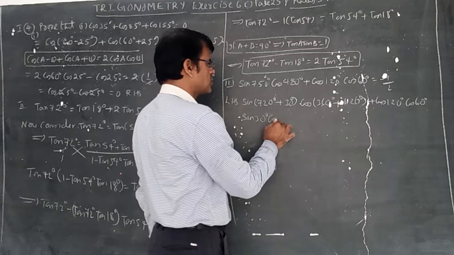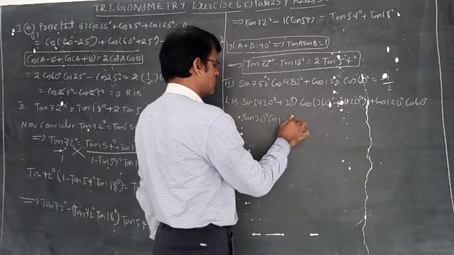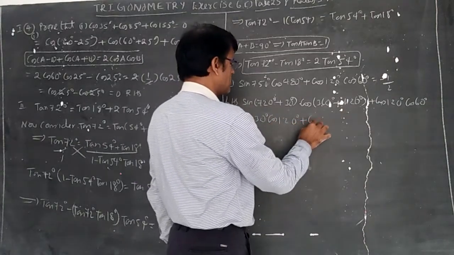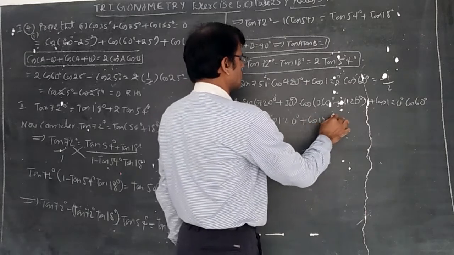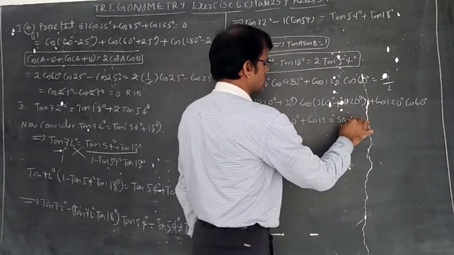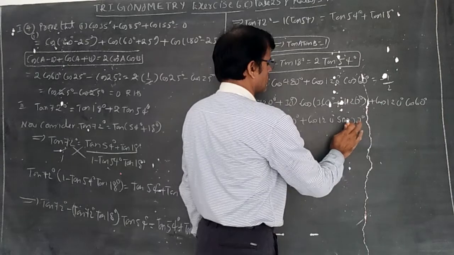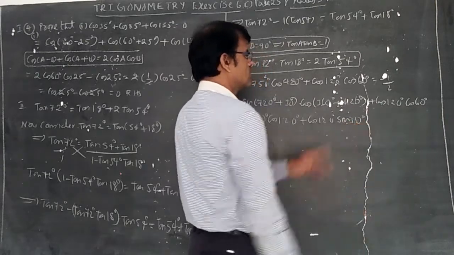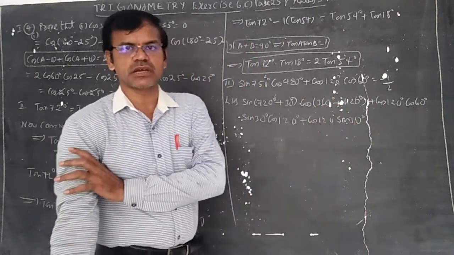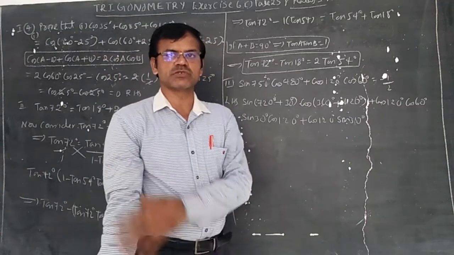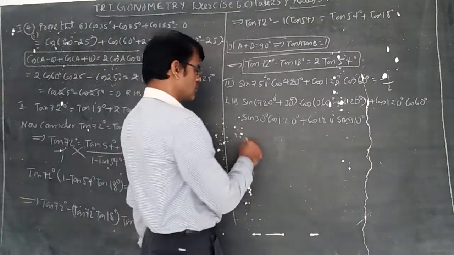into cos 120 plus cos 120 into sin 30, because cos 60 is nothing but sin 30. Cos 60 value is 1 by 2 and sin 30 value is also 1 by 2.